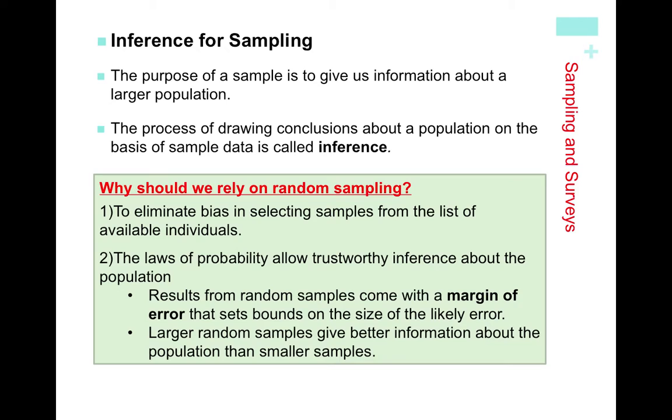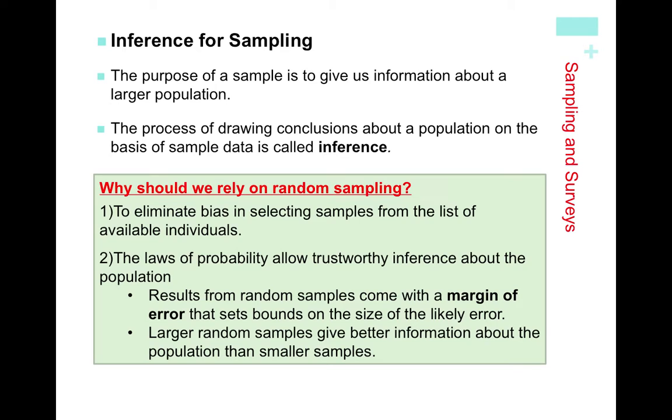So why can we trust random samples? The results of random sampling don't change haphazardly from sample to sample. Because we deliberately use chance, the results obey the laws of probability that govern chance behavior. So the laws allow us to say how likely it is that a sample's results are close to the truth about the actual population.